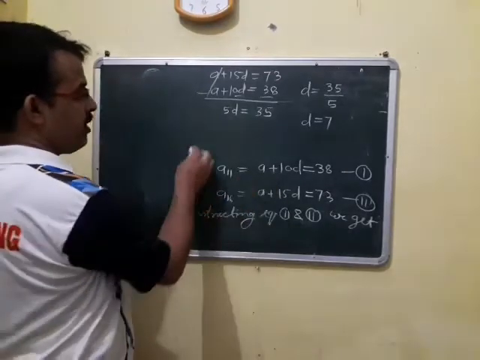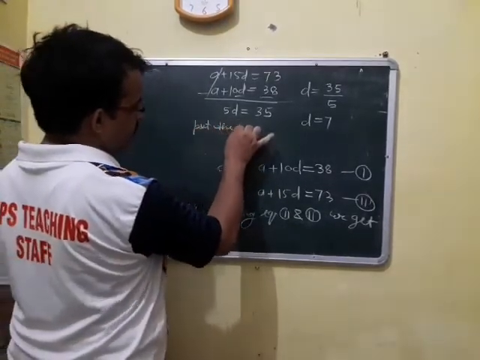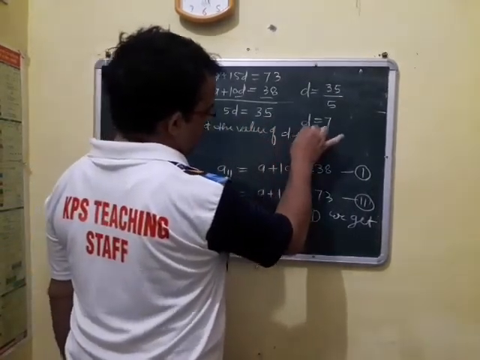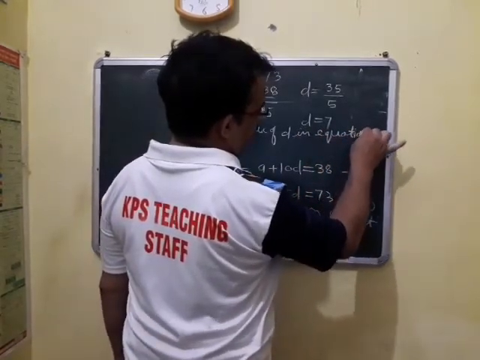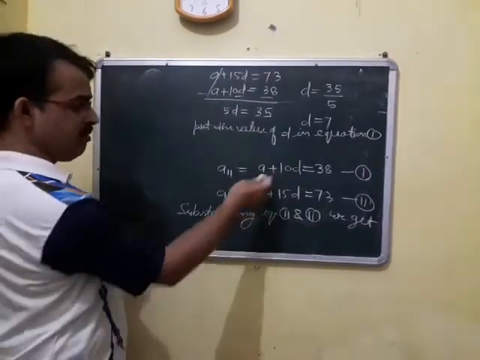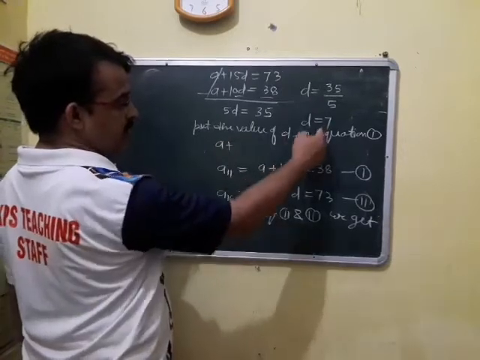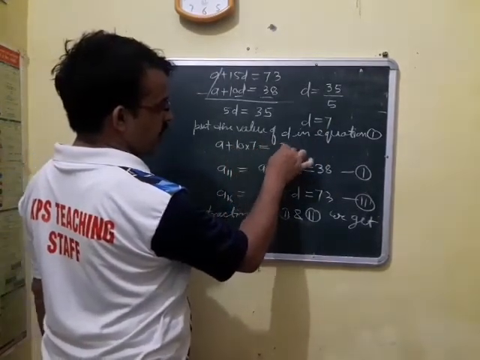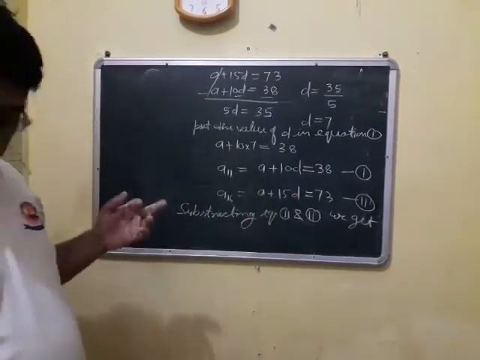So put the value of d in equation first, clear? So a plus 10 into 7 is equal to 38.